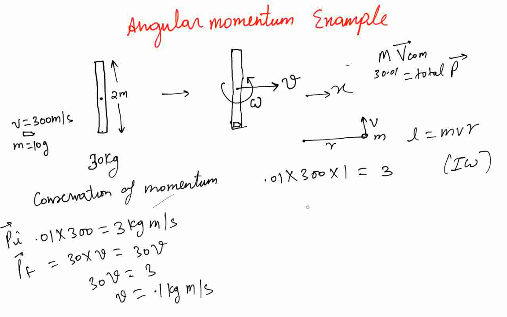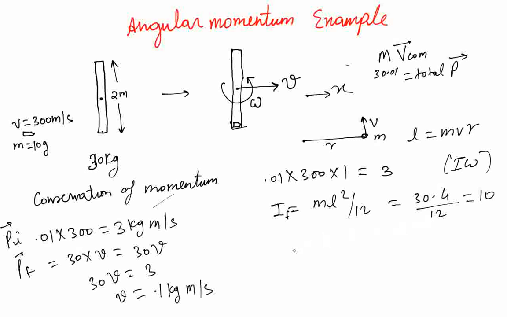And the final angular momentum of this mass will be what? Well, again, the final angular momentum will be calculated about center of mass. So about center of mass, I final is given as ml square over 12, where L is the length of the stick. That turns out to be m is 30 times L is 2, so it becomes 4 divided by 12, and that gives us 10.